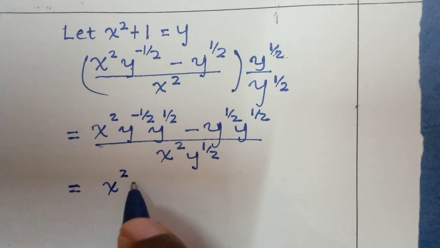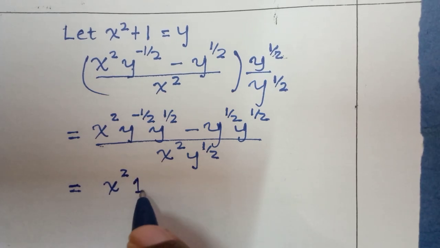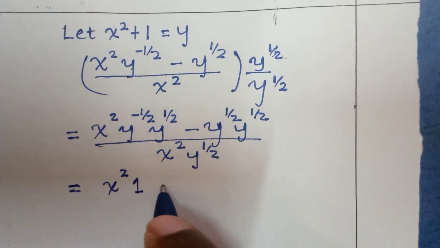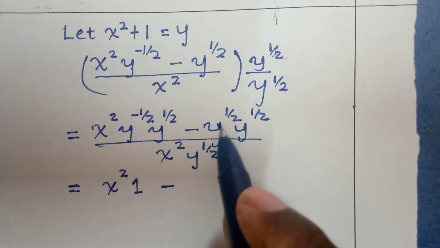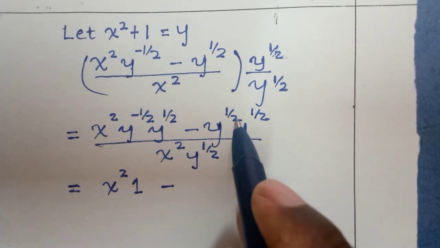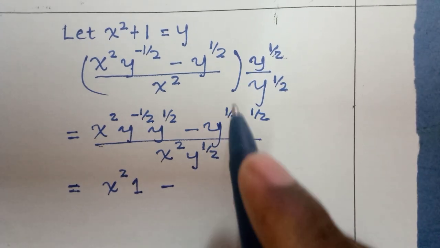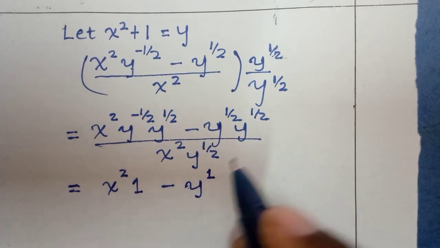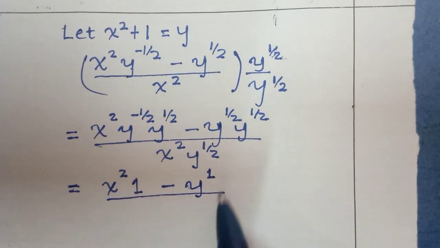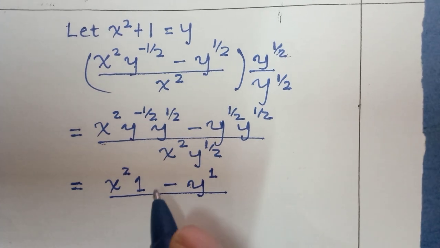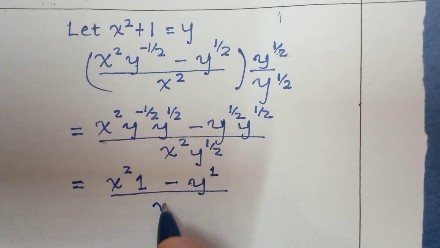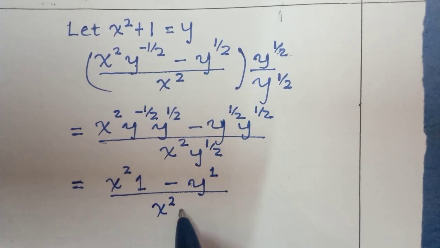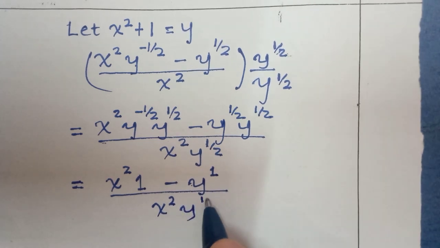So here there is 1. Minus y raised to a half multiplied by y raised to a half: a half plus a half is 1, so this is y raised to 1. Then here we have x squared, y raised to a half.